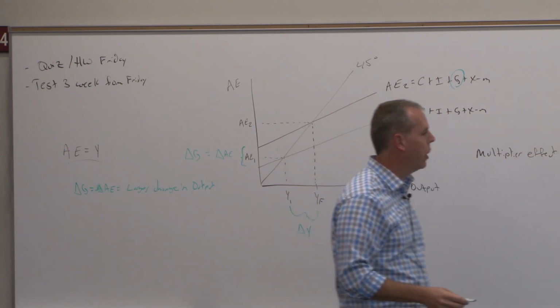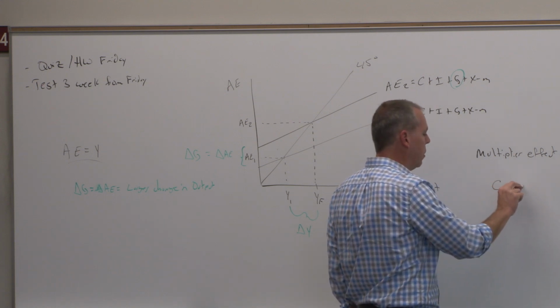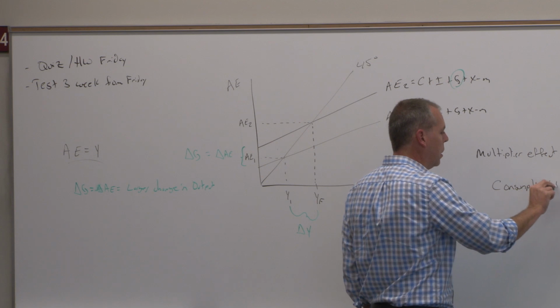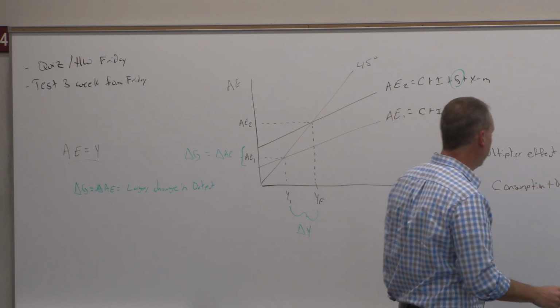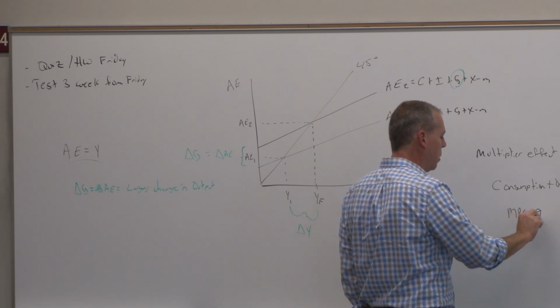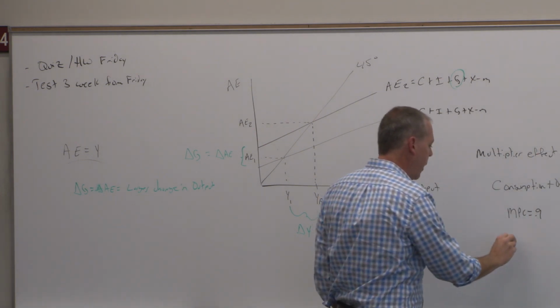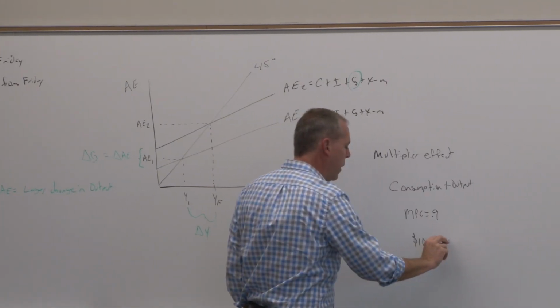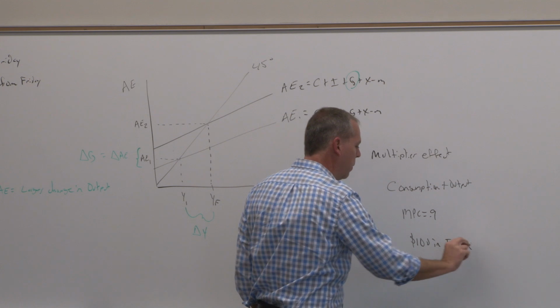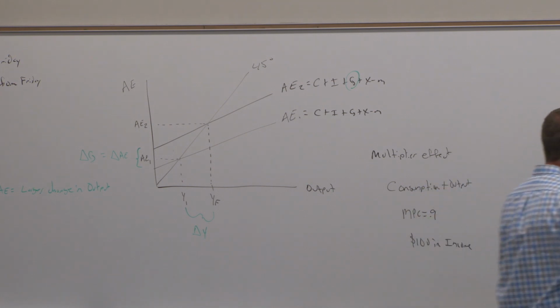All right, so let's look at what this looks like. Let's assume we're just looking at consumption and output. There's nothing else. And let's assume that the marginal propensity to consume is 0.9. So here we are, we're at some consumption. We have some output here. If we have, for example, a $100 increase in income, I'm going to flip these around, actually.